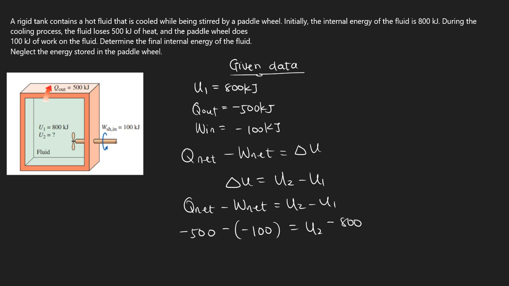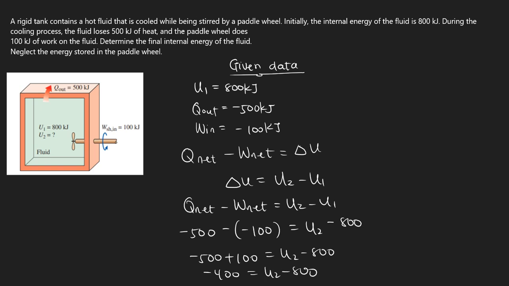Now let's do the simplification. We are going to have minus 500 plus 100, which will be equal to U2 minus 800. When you do this, you are going to have minus 400 equals U2 minus 800.